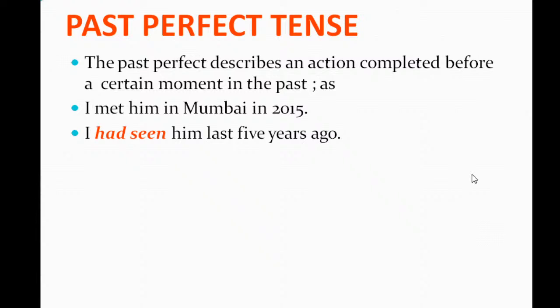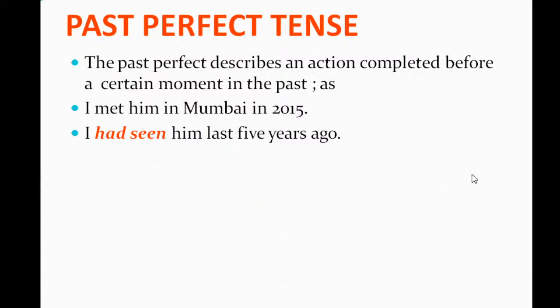I had seen him last 5 years ago. Now see, had been, had seen, all these are past perfect tense. Have been, has been are present perfect, but had seen him last 5 years ago. So 5 years is already over, and had seen is the past perfect tense.